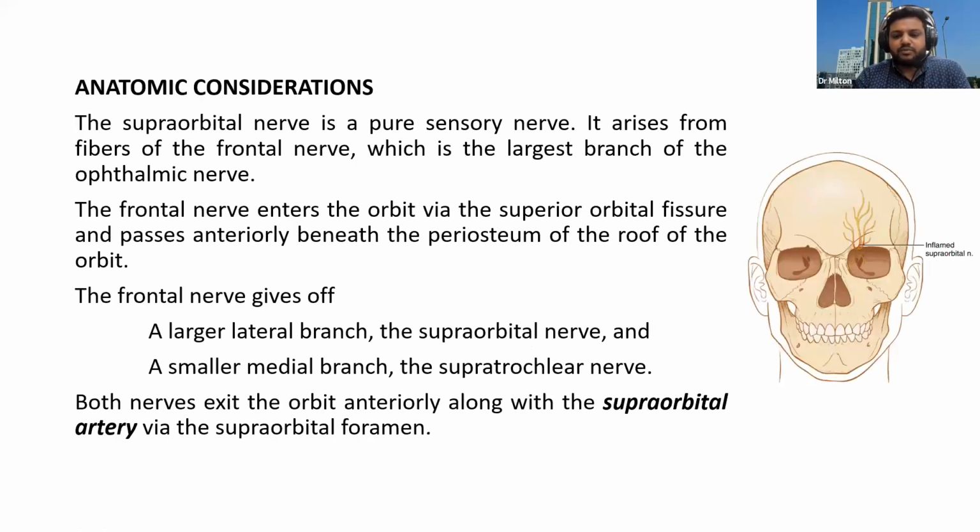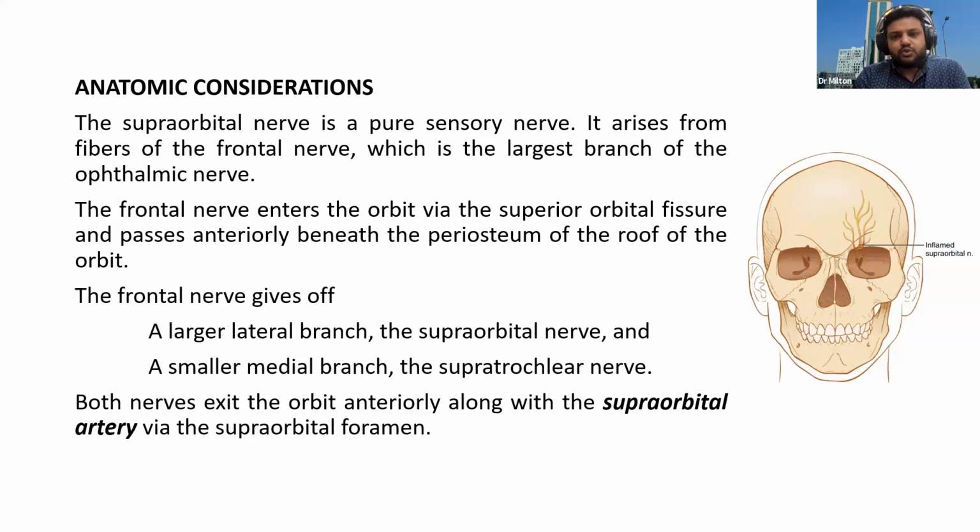So I will not dwell much on the anatomy, but I want to share a few things with you. The supraorbital nerve is a pure sensory nerve, and it is the largest branch of the ophthalmic division.